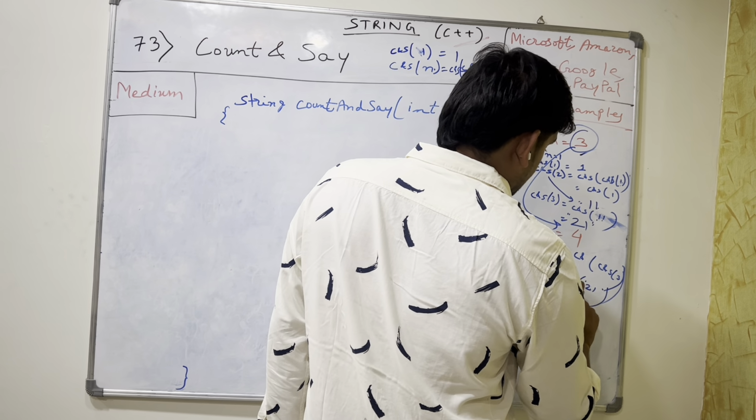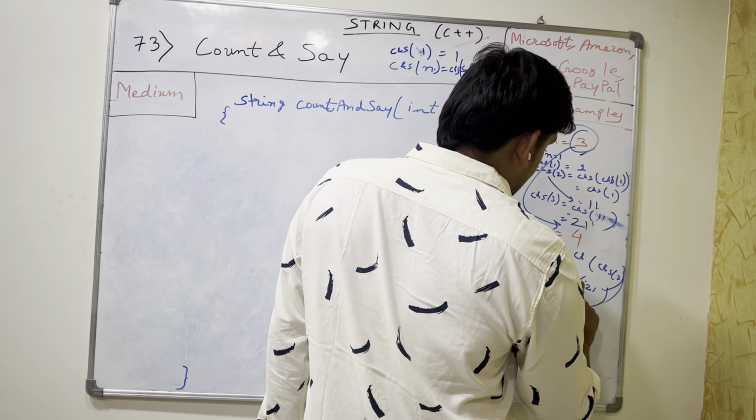Now in this 1, 2, 1, 1, how many 1 is there in the beginning? 1 is there, so 1 and the digit is 1. Now, how many 2 is there? There is 1, so 1 and the digit 2. And now we have 1, 1. So how many 1 is there together? There are 2 ones. And what is the digit that we are checking? 1. So the answer would be 1, 1, 1, 2, 2, 1. Okay, so I'll write it here again.